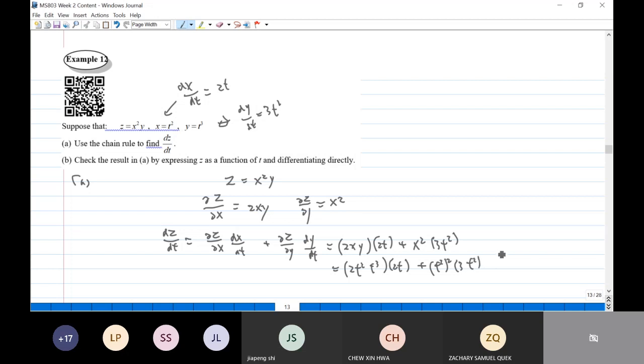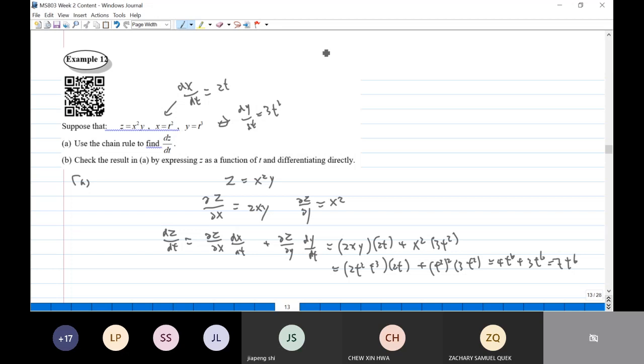Altogether this is 4t^6 plus 3t^6, so you get 7t^6. This is applying the chain rule directly. So this is how you get it using the chain rule.